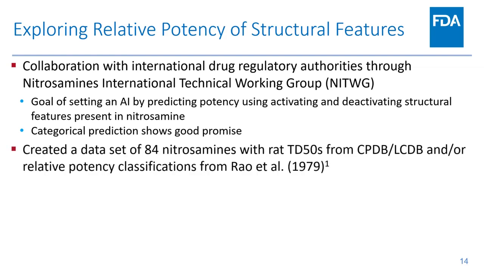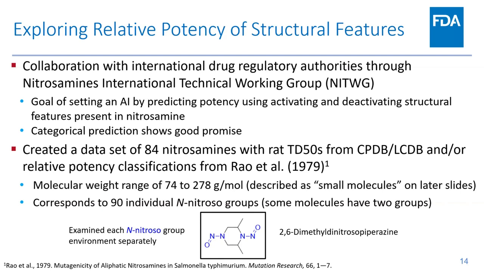To facilitate this work, we created a data set of 84 nitrosamines with rat TD50s from the CPDB LCDB, and also with relative potency classifications as published by Rao et al. in his 1979 publication. The molecular weight range of these molecules is notably low. You know, we're talking about small molecules here, ranging from 74 up to 278.